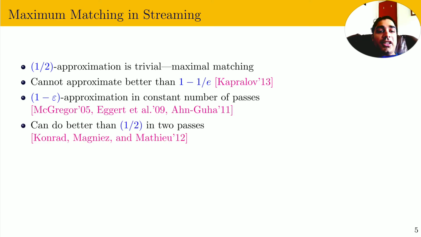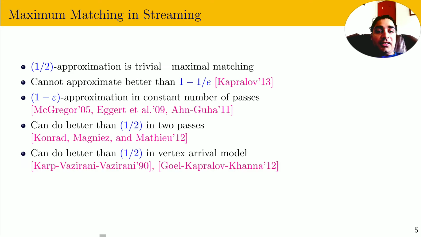Now even if you are allowed just two passes, Konrad, Magniez and Mathieu showed that you can do better than half, and in this work we are going to improve their results. We'll see exactly what we prove towards the end.